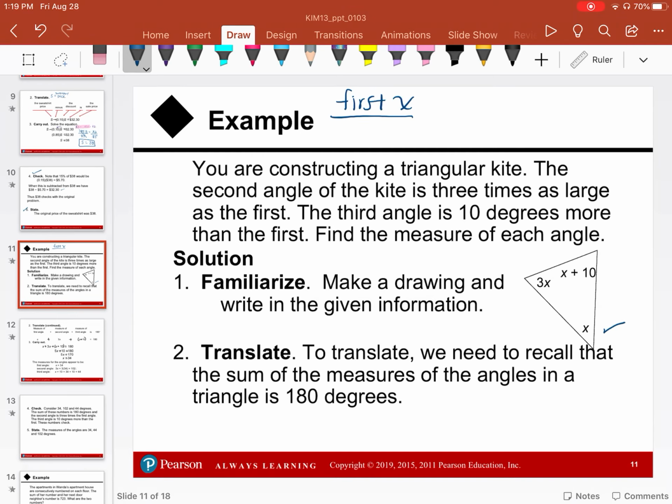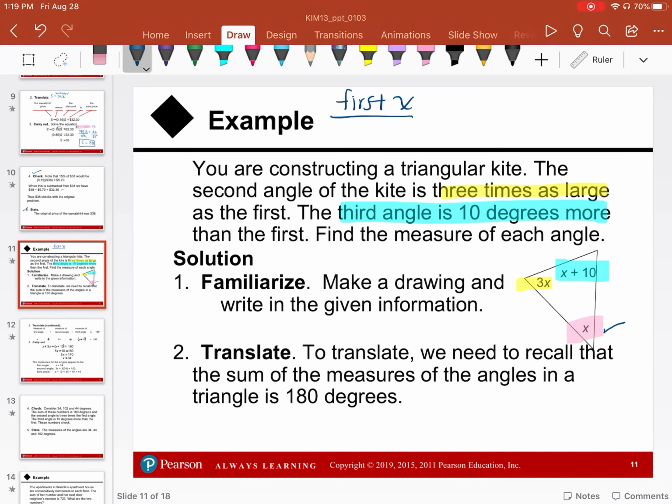We have one that's 3 times x, right? The second angle is 3 times as large. And then it also tells us that the third angle is 10 degrees more. So we have our 3 times and our 10 degrees more, all of it coming from that original first angle.